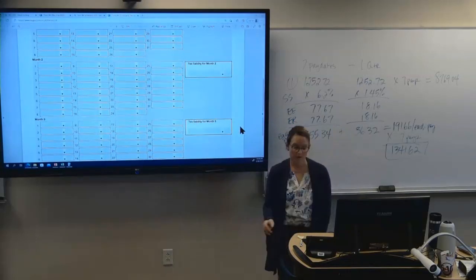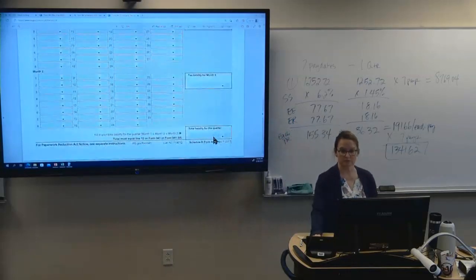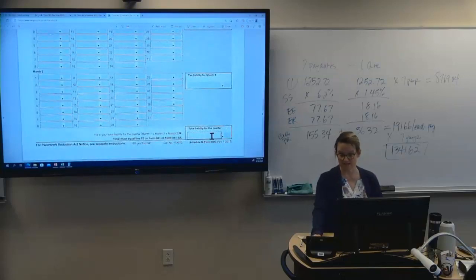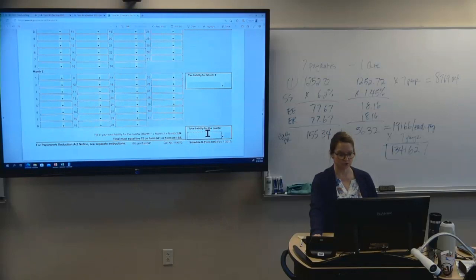And then the same thing for March, the 3rd month. And then all 3 months are totaled and entered here. Then this is the amount that has to match that amount on line 10 of the 941. So this is what we're reconciling to for those fractions of cents.